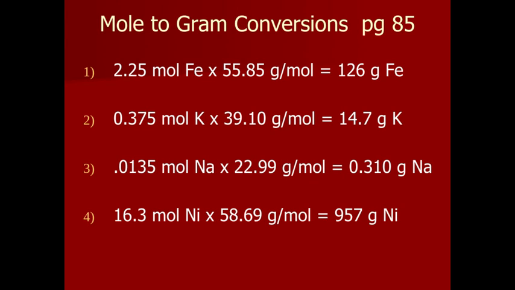Number 4, I start with 16.3 moles of nickel. I look on the periodic table. It's a transition metal. Nickel has a mass of 58.69. So I know that I am yet again multiplying to cancel out the moles, and I have 957 grams of nickel. If you need to take notes and I'm going too fast, please pause the video.